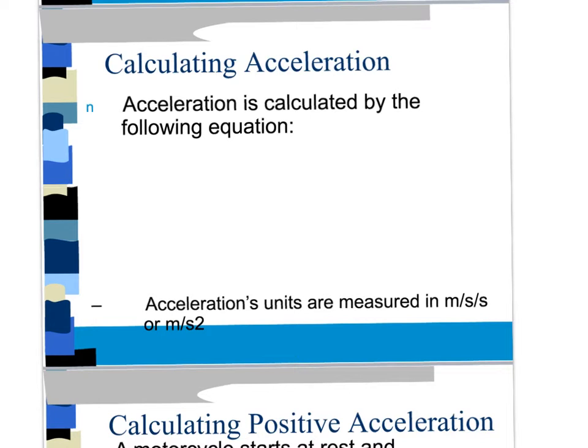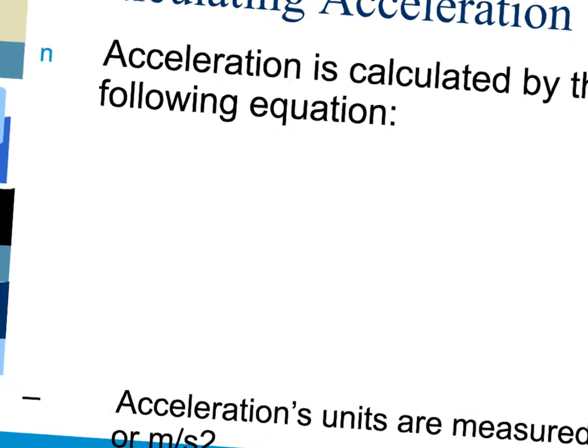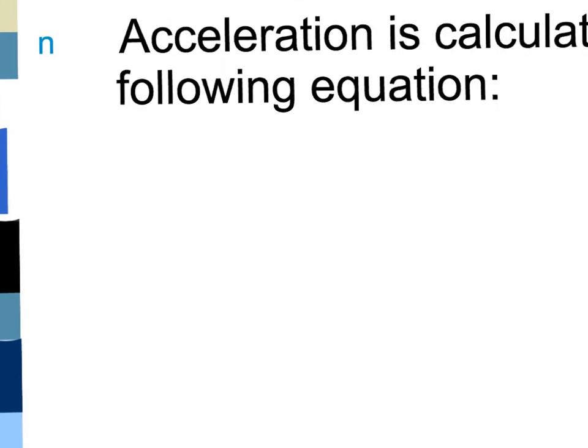All right, so our formula that we are going to use to calculate acceleration. So A is acceleration. Now I'm just going to write down a few of these. There's going to be a big V with a little subscript F, and a V with a subscript I, just so you know what each of these means.